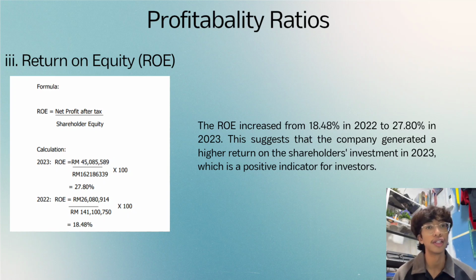This also indicates that the ROE increased from 18.48% in 2022 to 27.80% in 2023. This suggests that the company generated a higher return on the shareholders' investment in 2023, which is a positive indicator for investors to invest in the company.